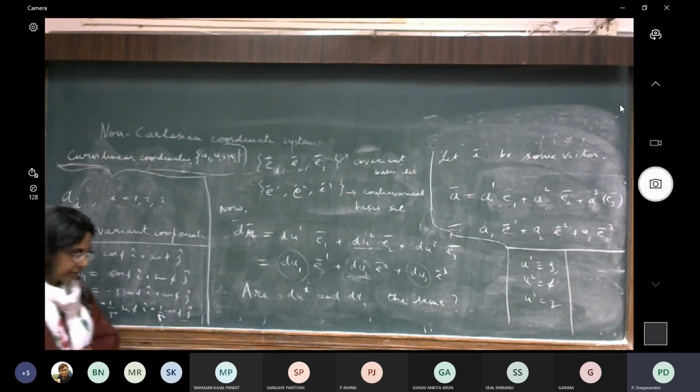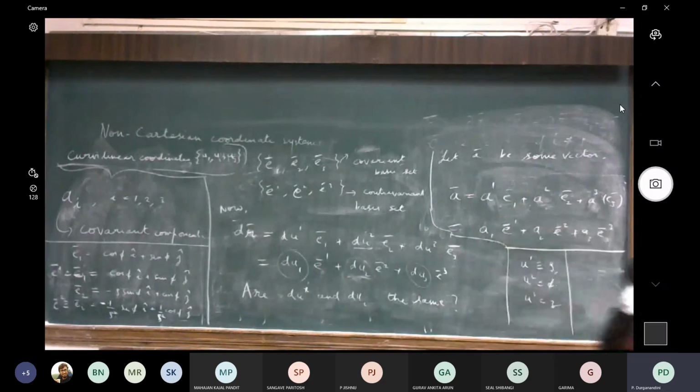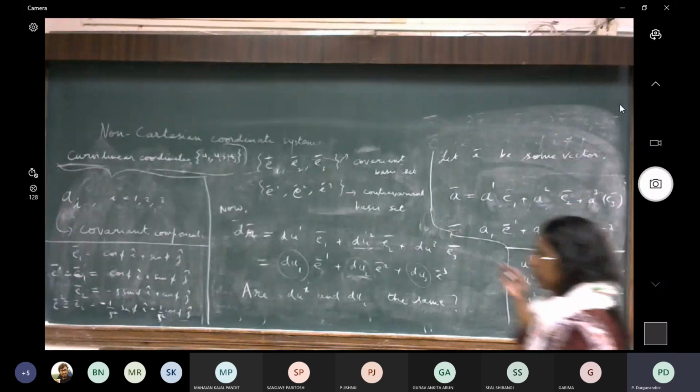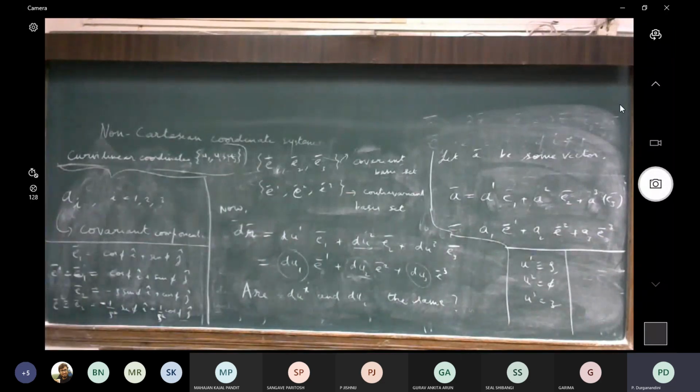More general curvilinear coordinate systems then become very natural to use. In fact, all of this beautiful tensor analysis is most important in relativistic theories, whether it's classical gravity or relativistic quantum field theories.